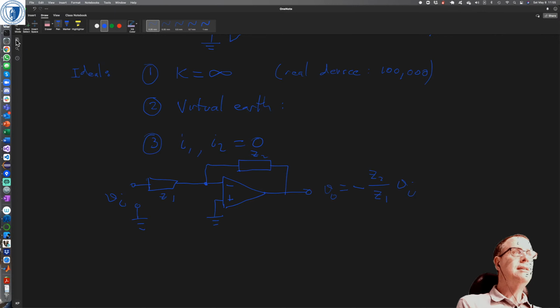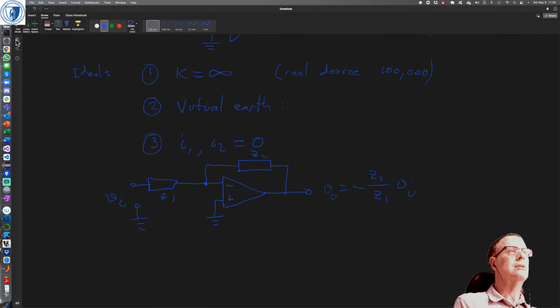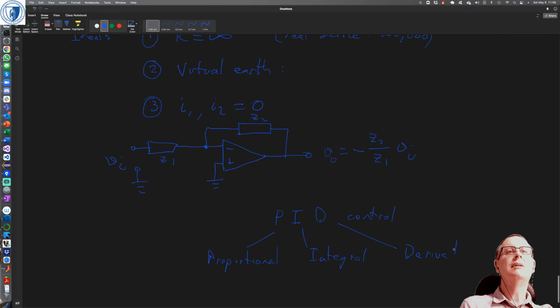It used to be, when you were making a control algorithm for a robot or for some other automated equipment, well, it still is actually, you want to do often what's called PID control, and that stands for proportional, integral, and derivative control, PID.